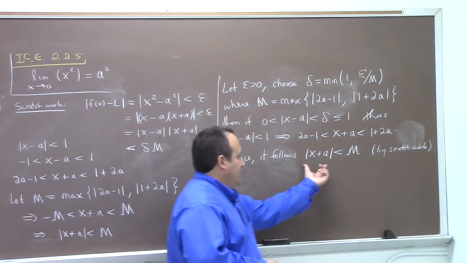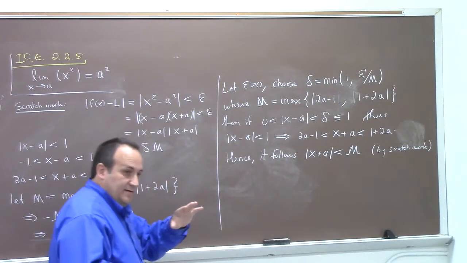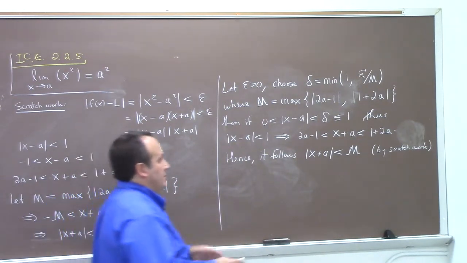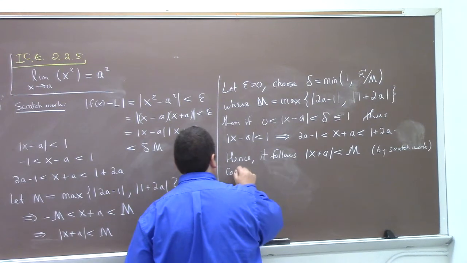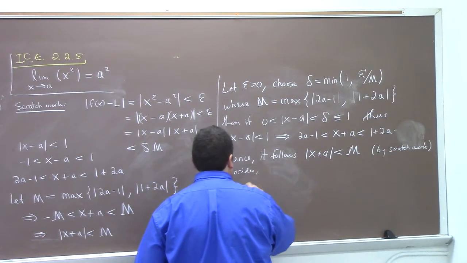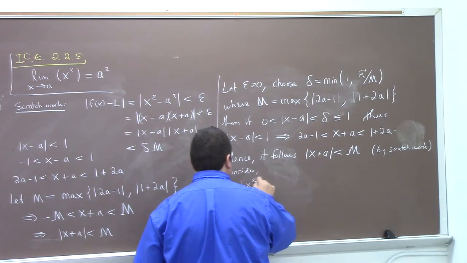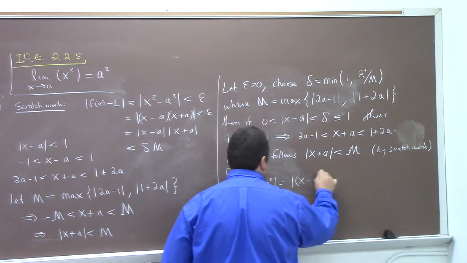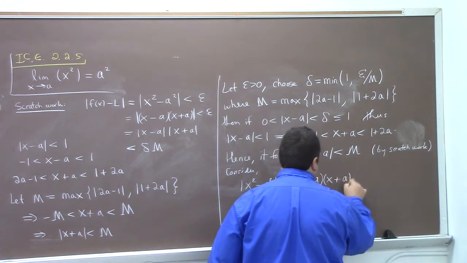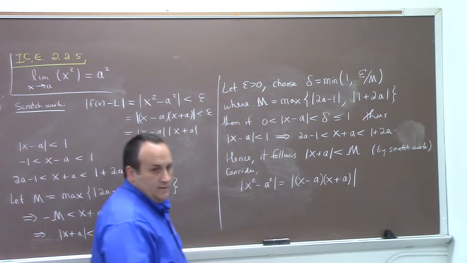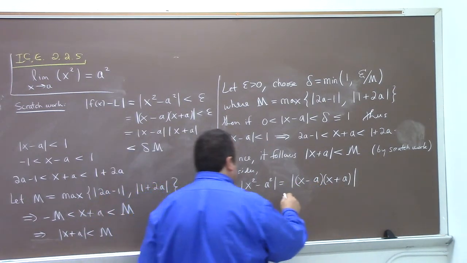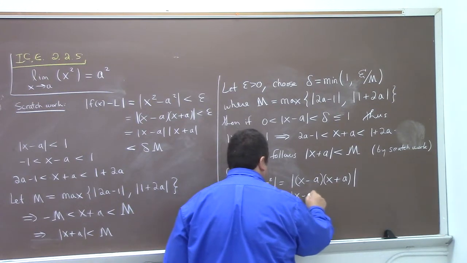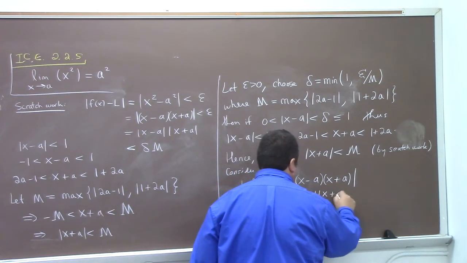So absolute value of x plus a is less than m, right? Consider then that the absolute value of x squared minus a squared is what? Absolute value of x minus a times x plus a, right? Which is equal to absolute value of x minus a times the absolute value of x plus a.